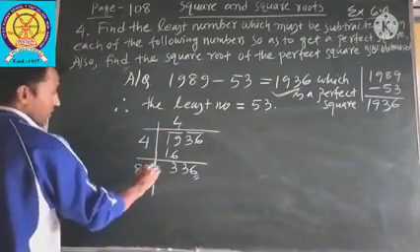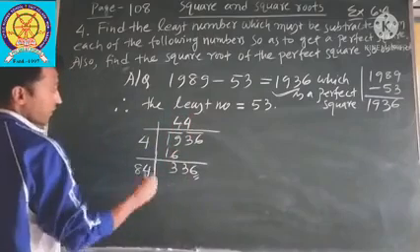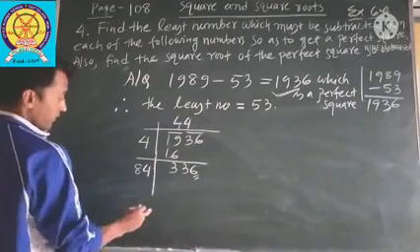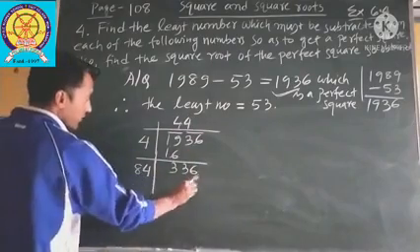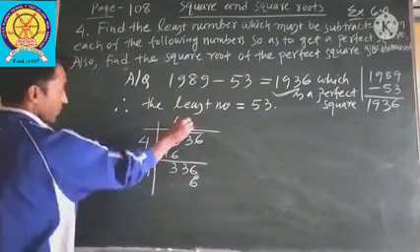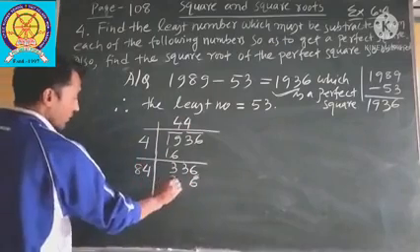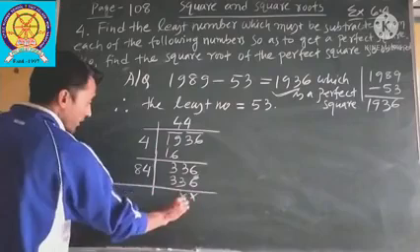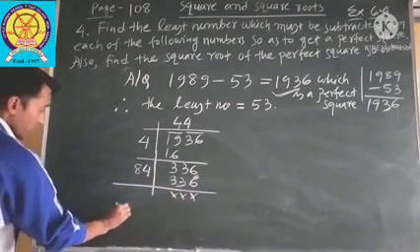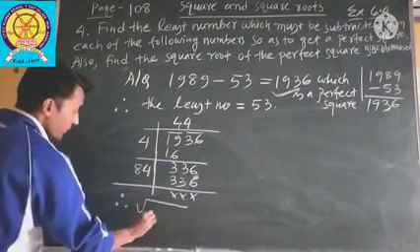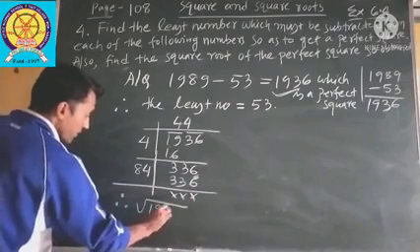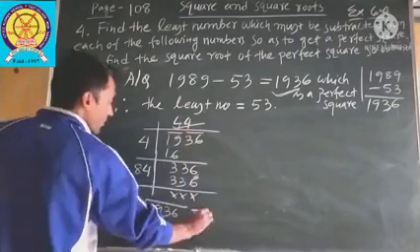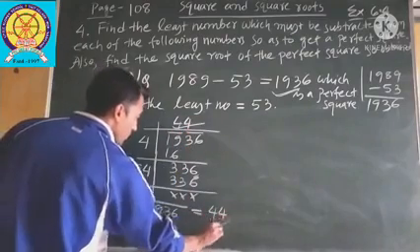So if you give 4 times, then you will get 4 4s are 16, you will get 6 as ending digit. 4 4s are 16, 1 in hand. 4 3s are 12... 4 is 32 plus 1, 33. So if you do subtract, then you will get how much? 0. Therefore, the square root of 1936 is how much we get? 44.